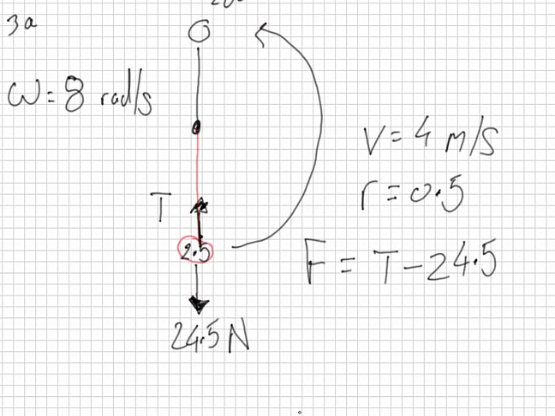Now from Newton, what formula do you have for force? F equals MA. So let's replace the F with MA. Do you know what the M is? 2.5. Is that okay so far?